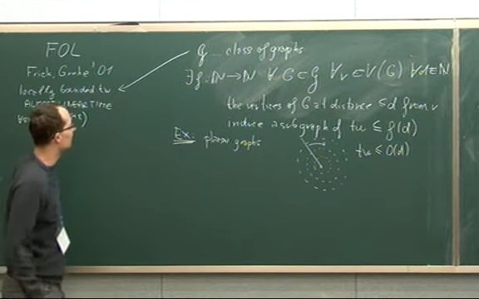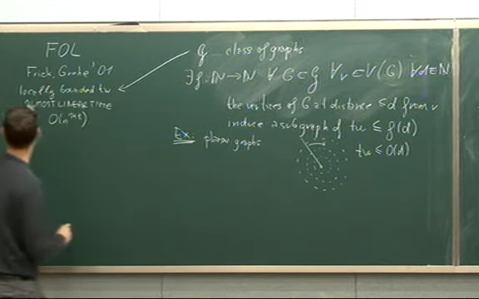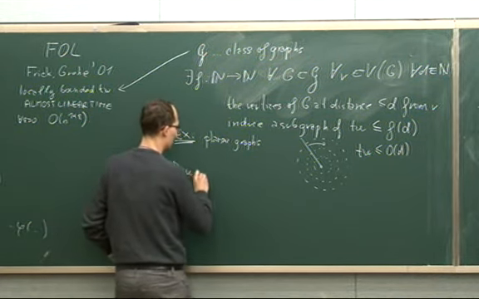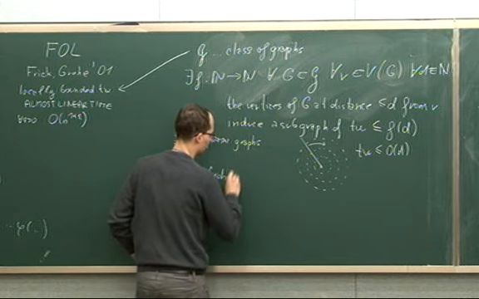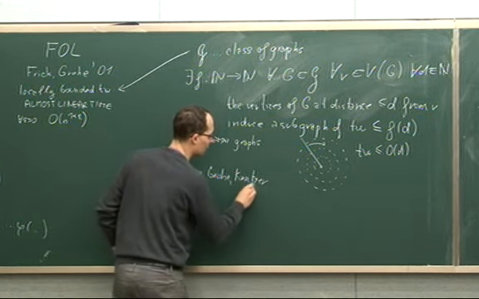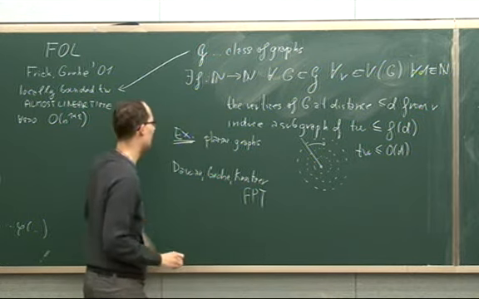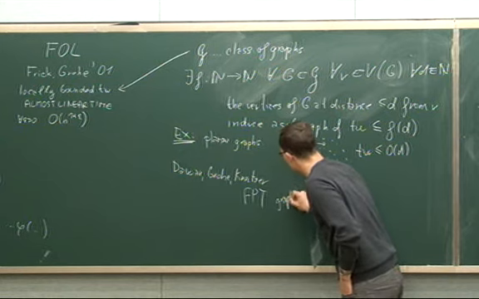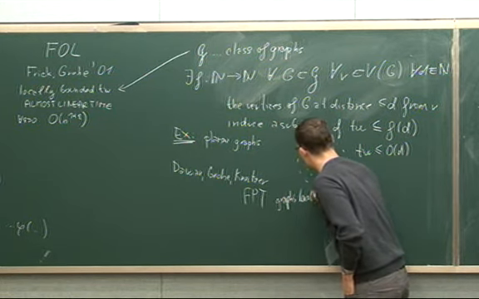There have been several generalizations, so I just throw in some names. There has been a generalization of Dawar, Grohe, and Kreutzer, and again you have an FPT algorithm for graphs locally excluding a minor.